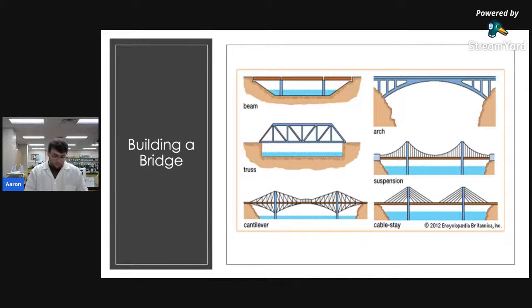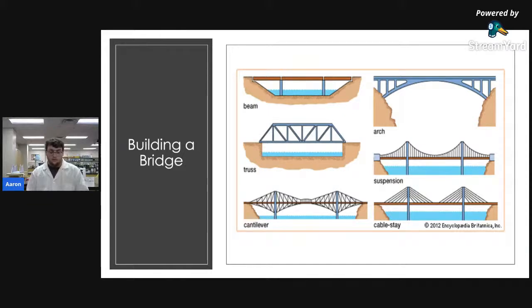And they're very, very strong. Next up we have a cantilever bridge, pictured in the bottom left corner here. They have structures that project horizontally into space, supported on one end. Again, this is a very large bridge and very expensive to build, but it is a very, very strong bridge.